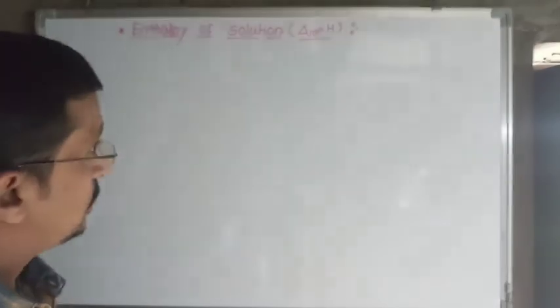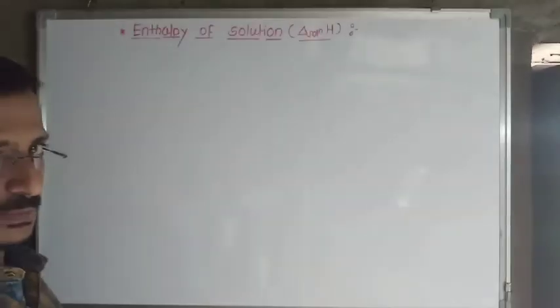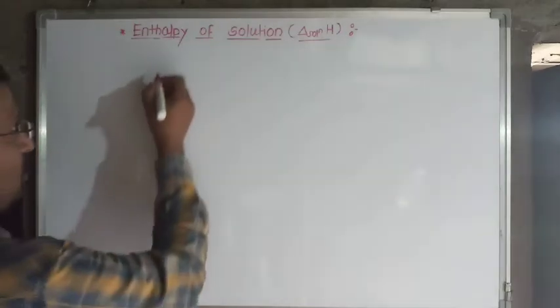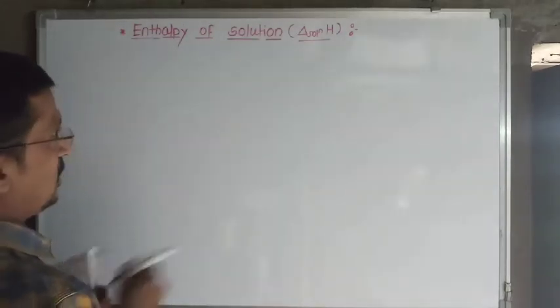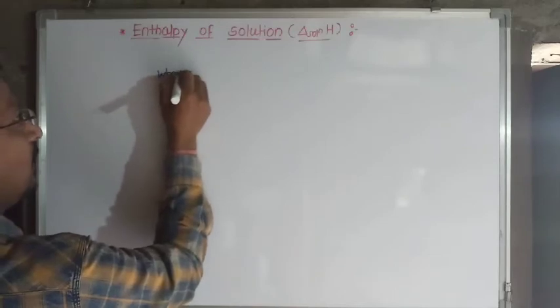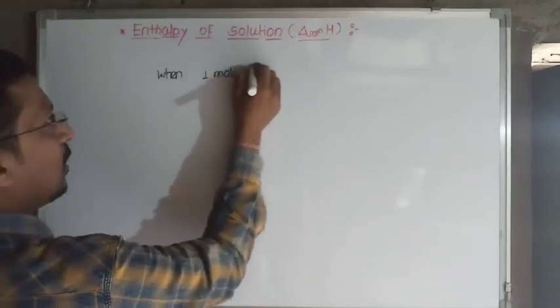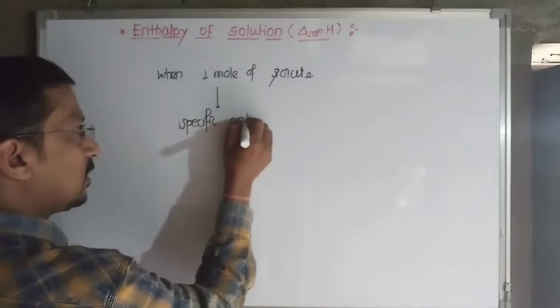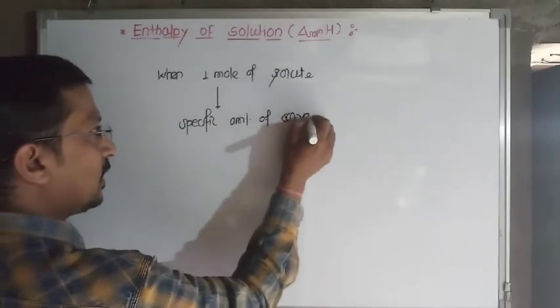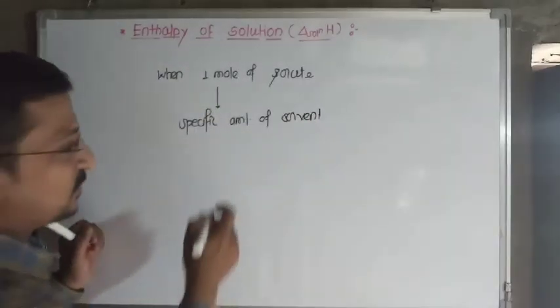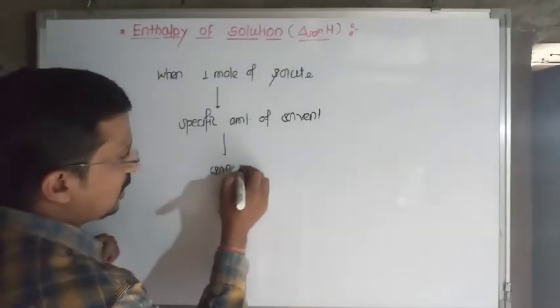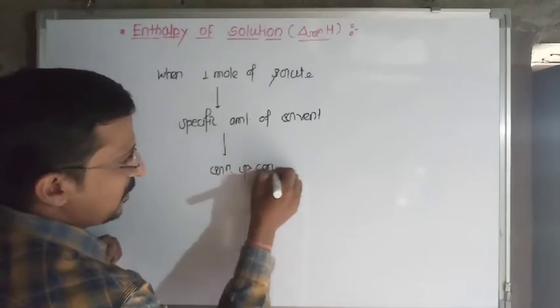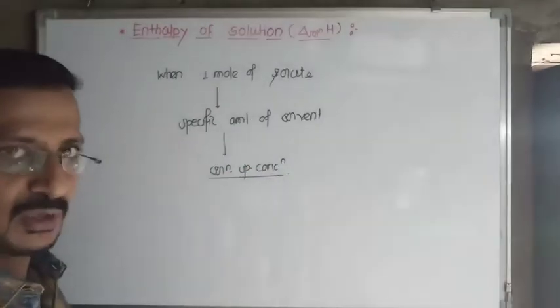So as far as enthalpy of solution is concerned, enthalpy of solution is nothing but the enthalpy change that occurs when one mole of solute is dissolved in a specific amount of solvent so as to form a solution of specific or definite concentration.